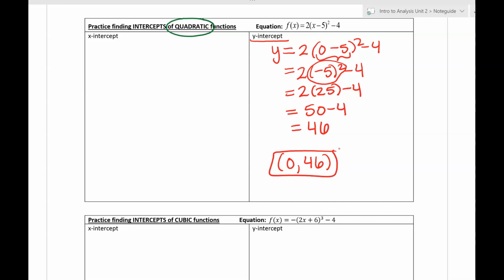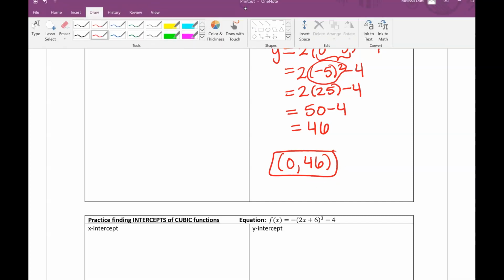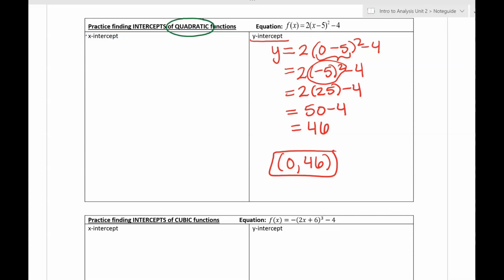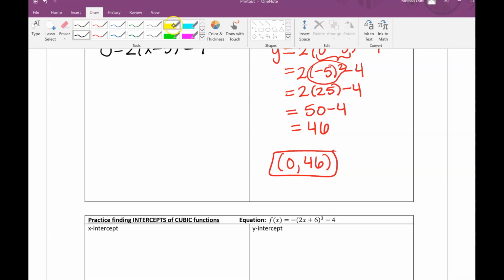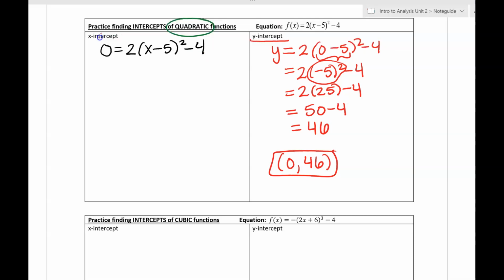The x-intercept is a little bit more difficult, and it involves your solving skills, because for x, we plug 0 in for the y position. So notice, solving for x is not already alone. But it is a little convenient that all of our x's are wrapped up inside of this perfect square.